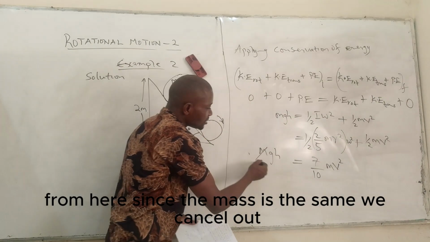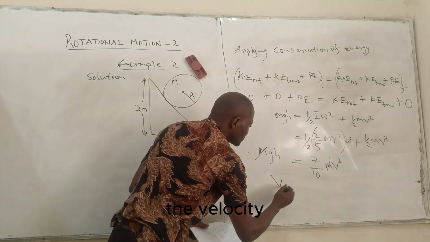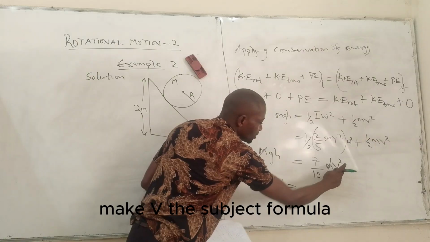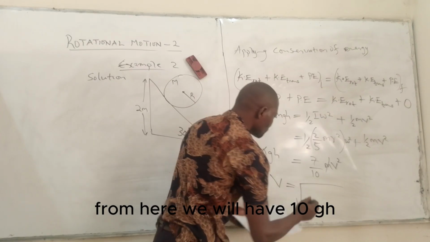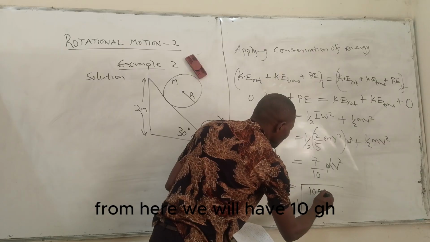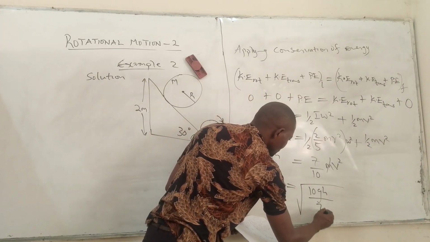From here, since the mass is the same, we cancel out. The velocity, make v the subject formula. From here, we will have 10 gh over 7.